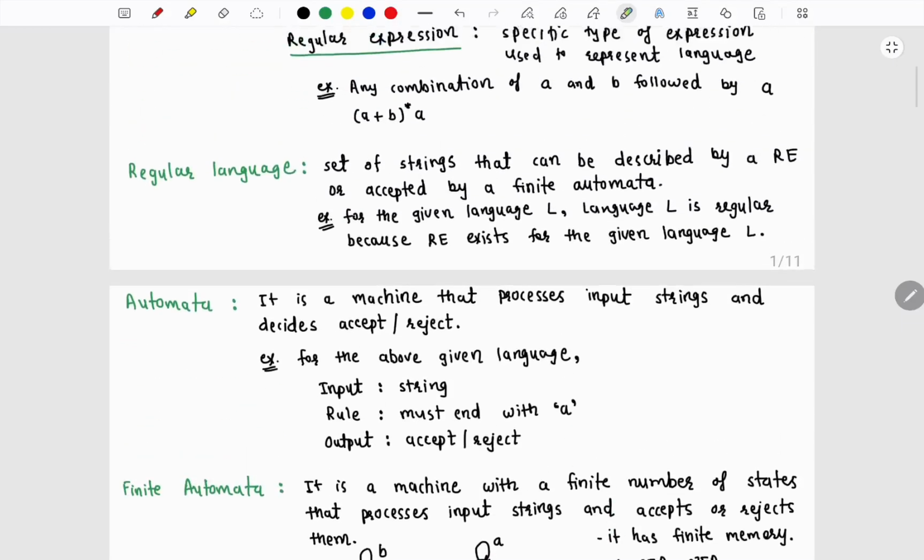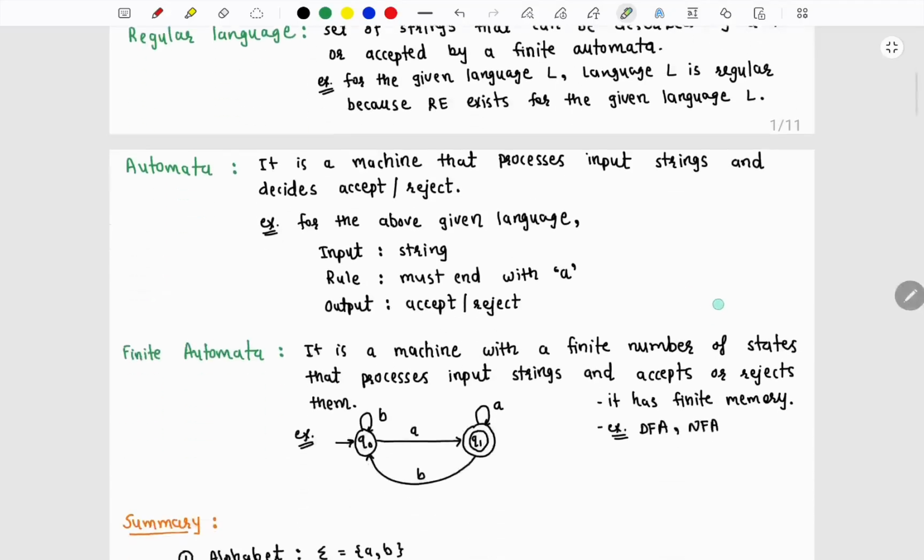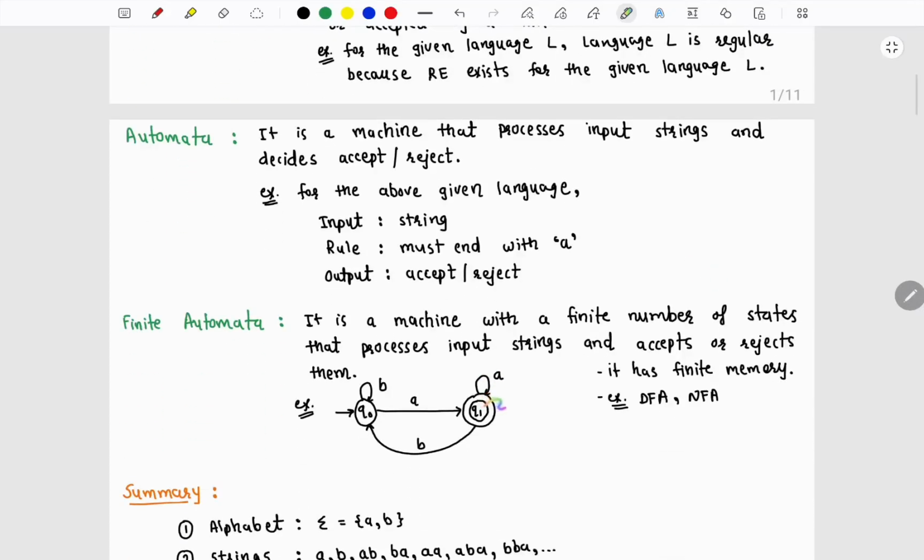In our language, it is said that any combination of A and B followed by A, that means automata will accept those strings which will end by the A. So here accepting state is q1, which will accept only A as the ending state, ending alphabet.